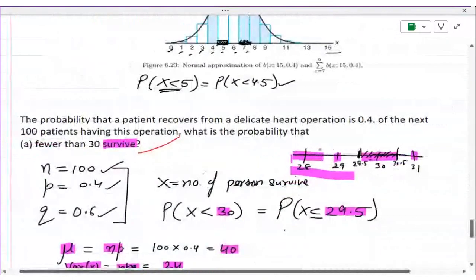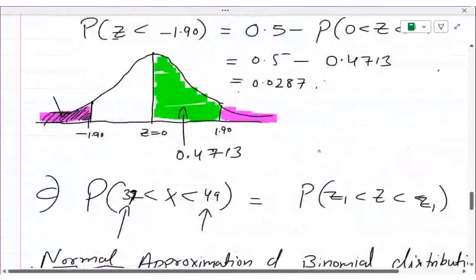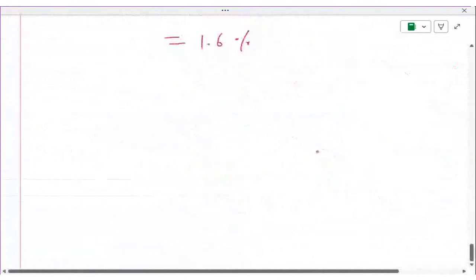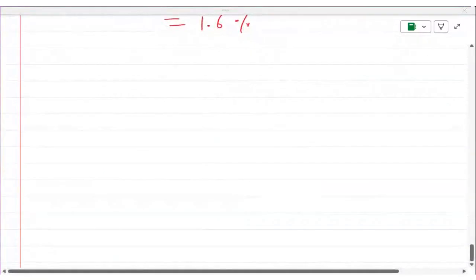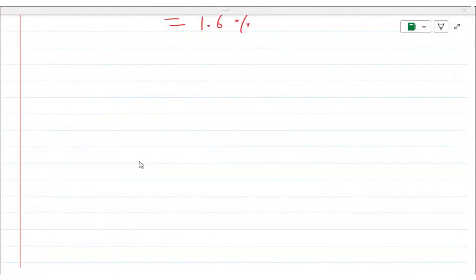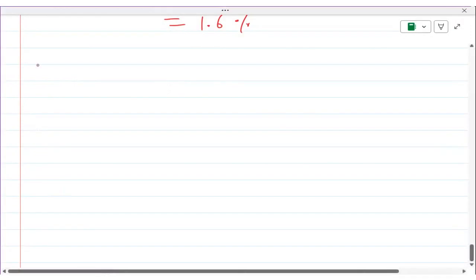So you can try this one. Let me do one more question of this type so that you can get an idea. Okay, so this is a favorite question of students. So this is the question here.